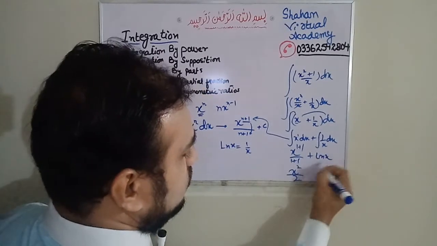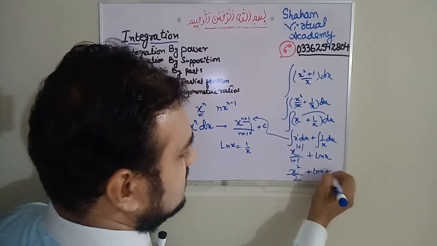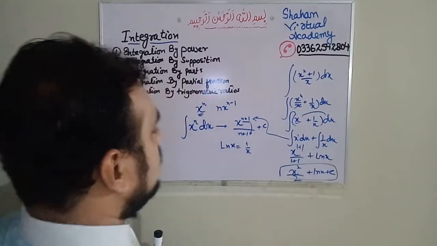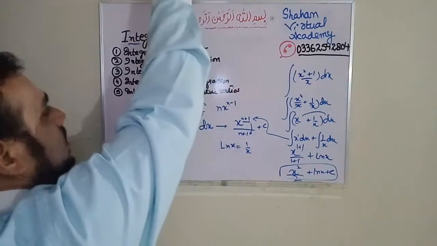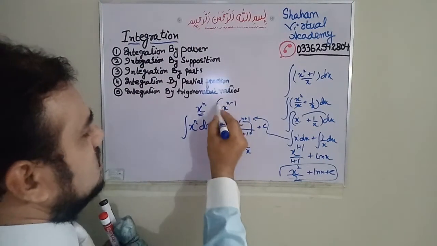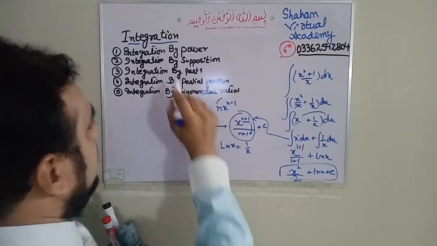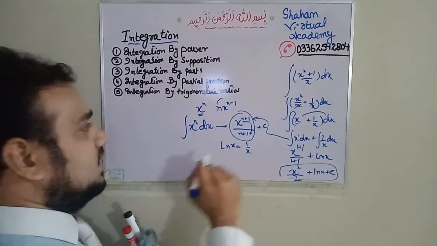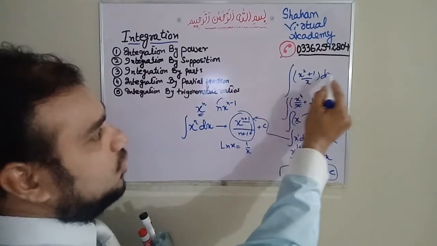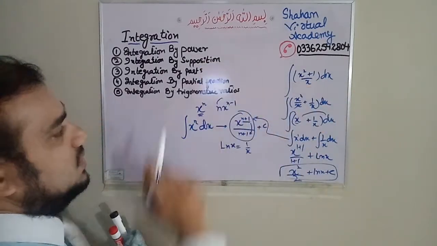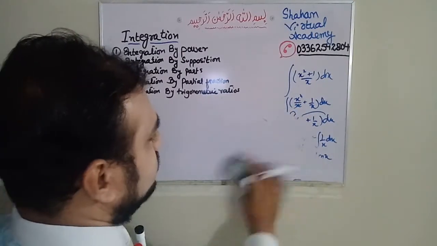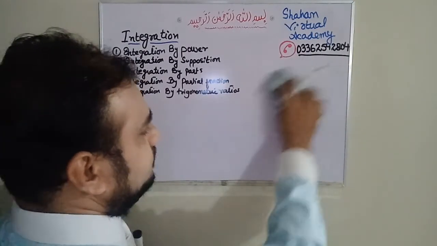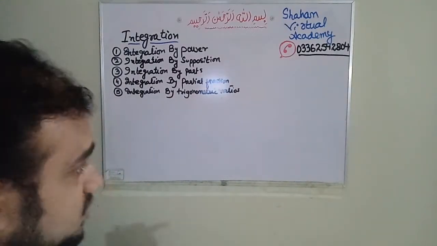So basically ln x plus c. This is integration by power. We use this formula to integrate different types of polynomials. Now we will move on to the second part, which is integration by substitution.